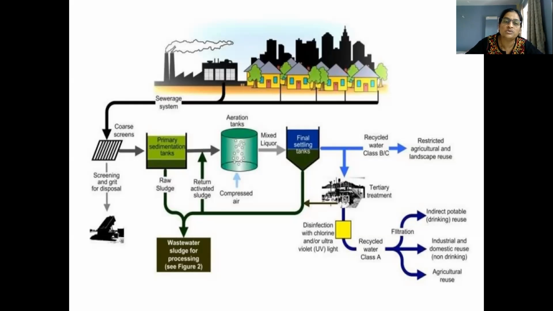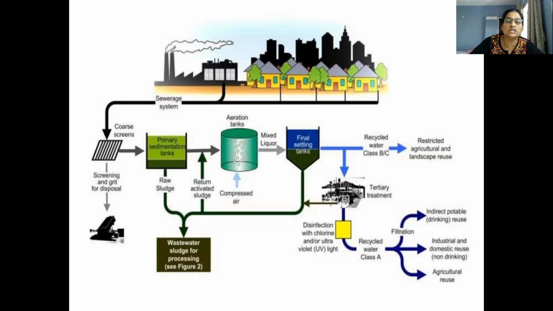Here also, in a wastewater treatment plant, primary sedimentation tanks, screening, or such unit operations will not help at all in the removal of organic impurities from the wastewater. So how to remove them? Here we are taking the help of microorganisms, and for that purpose we are providing oxygen to them. Oxygen is the energy for the microorganisms.